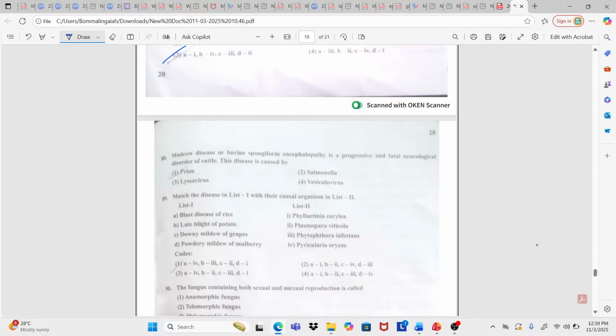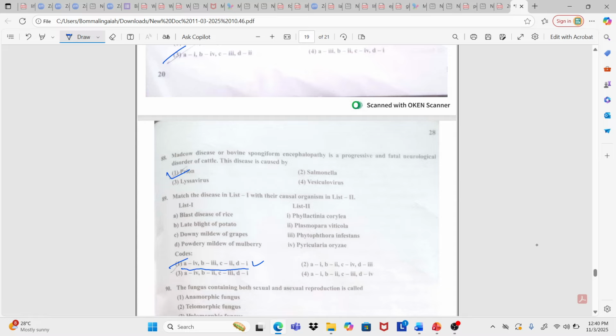Correct option for this question is option is the correct one. Next we move on to the here list 1 and list 2. List 1 contains this and list 2 contains organism. Correct option is yes, the correct one here.